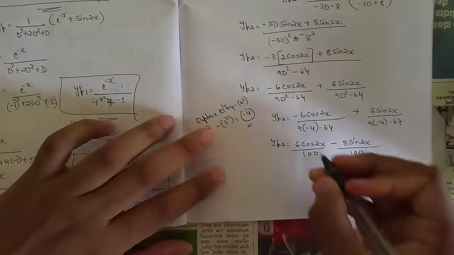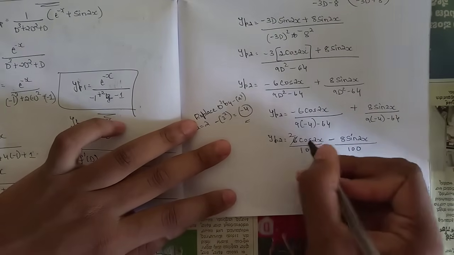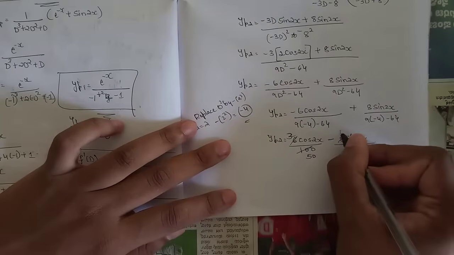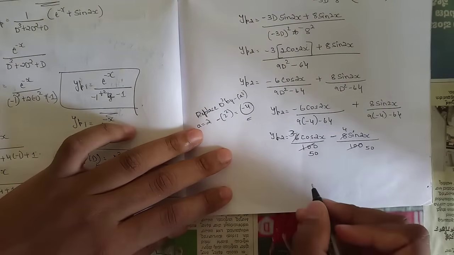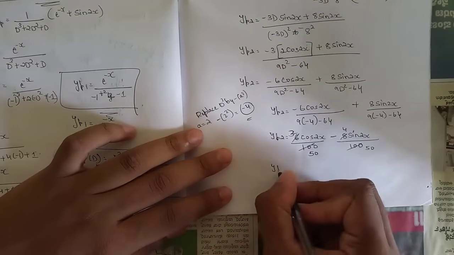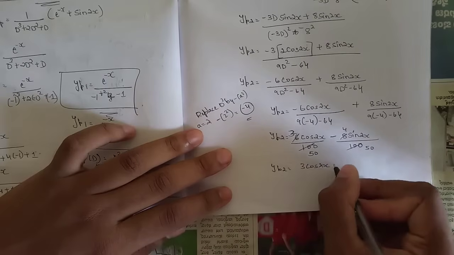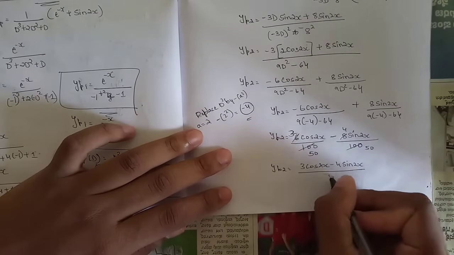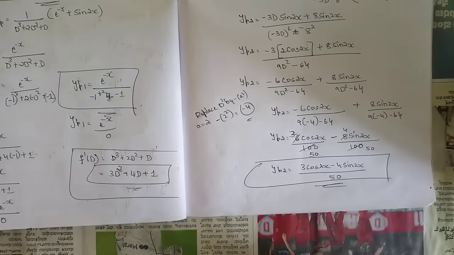We can further simplify this: 6 we can take 2 threes are, and 2 fifties are, 2 fours are and 2 fifties are. So we get yp2 as 3 cos 2x minus 4 sin 2x divided by 50. This is your required yp2.